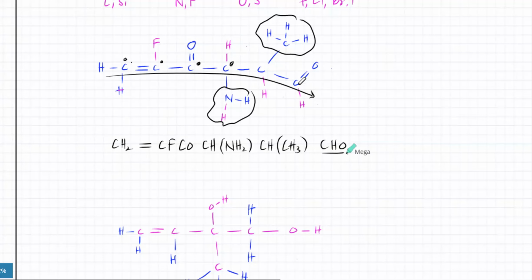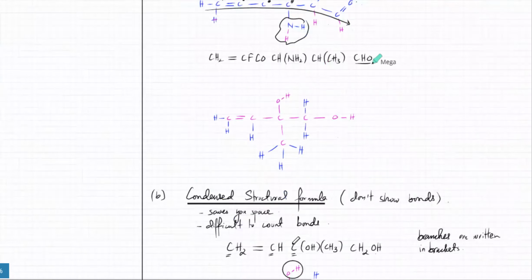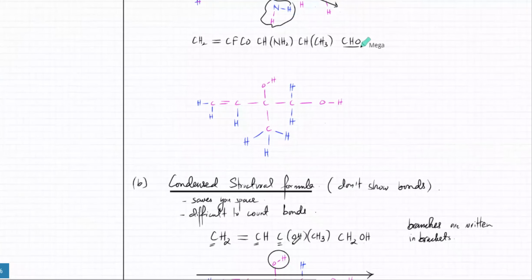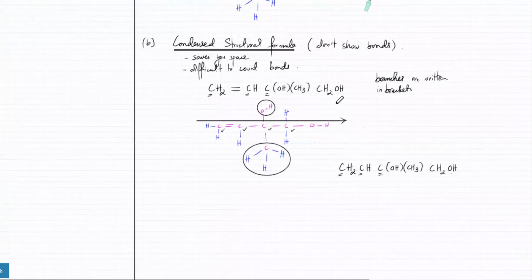If there is no H, don't write H. But you write the number of C and H first, and then the O comes in. So that's one convention. When you're condensing it, you first look for C and how many H's are attached to it. None in this case. Then you write the OH branch and the CH3 branch. Then over here it's CH2. Then you'll have OH.